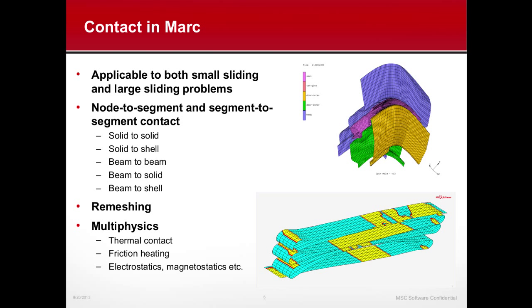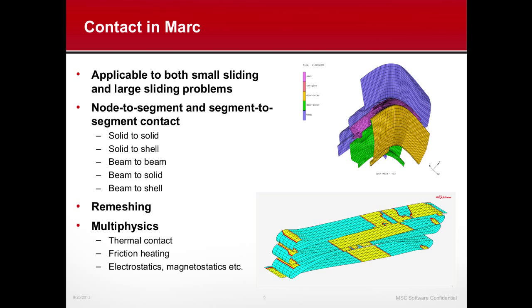Historically, contact capabilities of Marc have been leading the industry in terms of ease of use, robustness, and also the power of this capability. Marc provides node-to-node, node-to-segment, and segment-to-segment capabilities, all three of these capabilities.